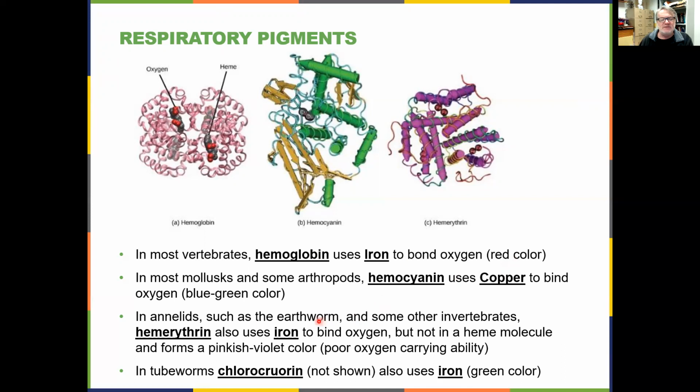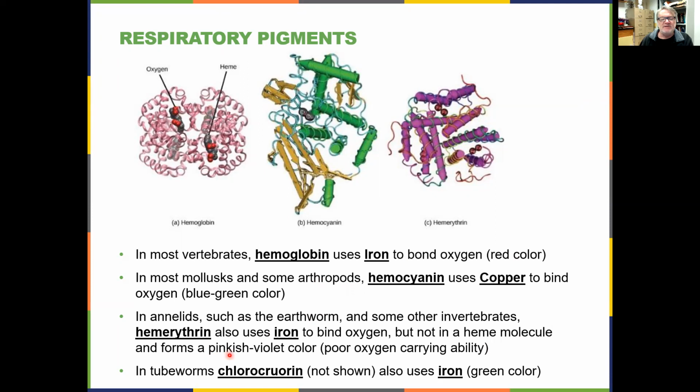Now, there are also other molecules that are used in many annelids, so the earthworms and other invertebrates. Some invertebrates use hemocyanin, but there is another form of the molecule that uses iron. Instead of hemoglobin, it's called hemerythrin. And it also binds oxygen, but it's a little different shape of the molecule.